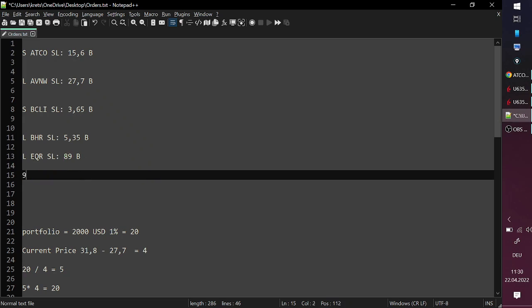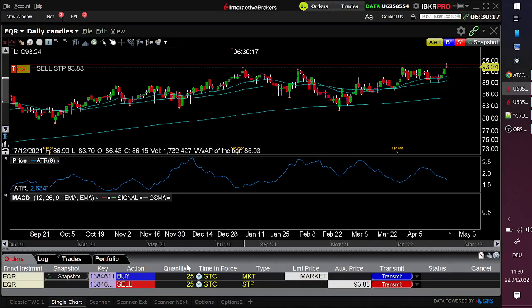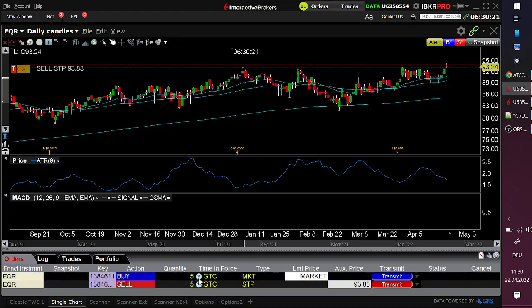So the current price is 93.4, I think 93.2, and minus 89, you have something like $4.2. So $4 into 20, we had this already, only fits 5 times, so we buy this only 5 times. And it automatically changes, and that's it.